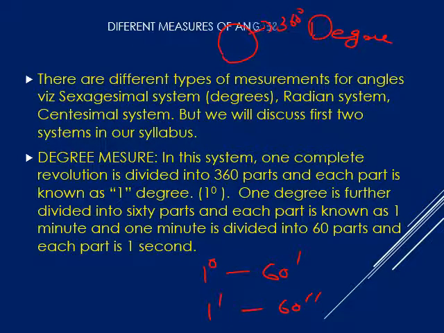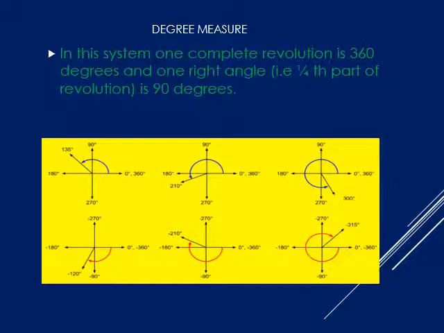Now, degree measure. You see here 0. This is 90, this is 135, 180, 270, again 360. Then 360 plus 90, 450. 450 plus 90, 540.